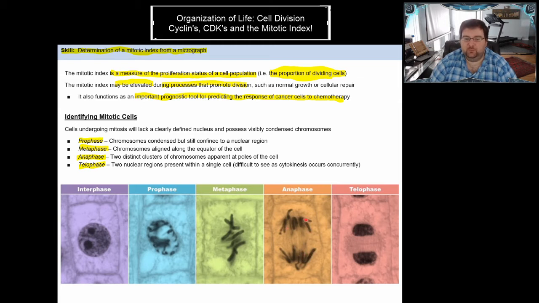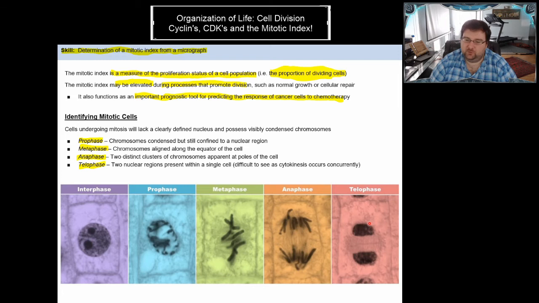They're being pulled away from the middle of the cell. You can see that they're being pulled apart to the different poles. So anaphase is quite easy to tell: the chromosomes are being pulled apart to their different poles.